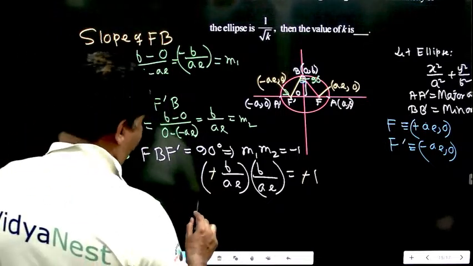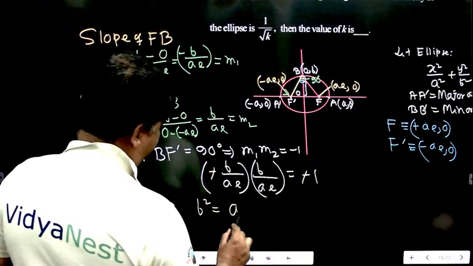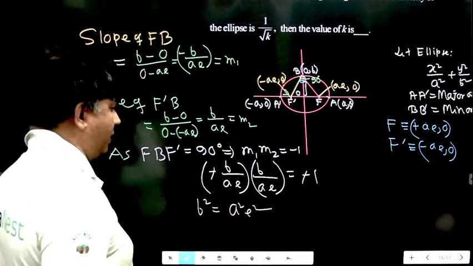Therefore, b square is equal to a square minus b square.